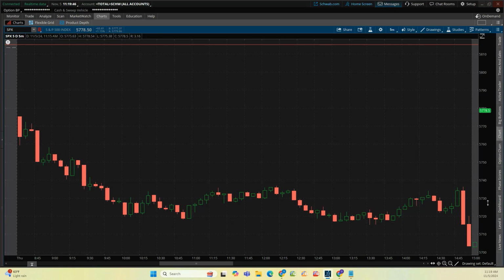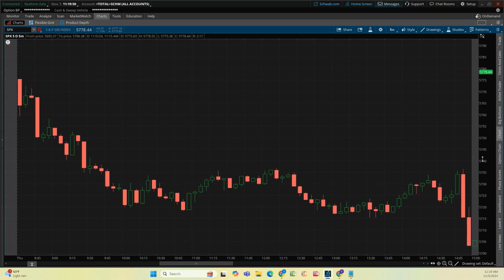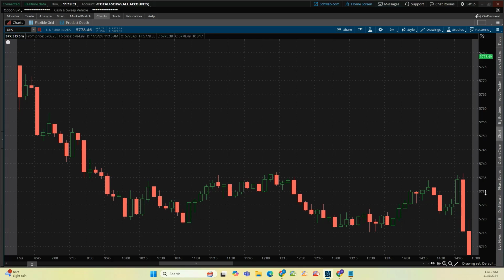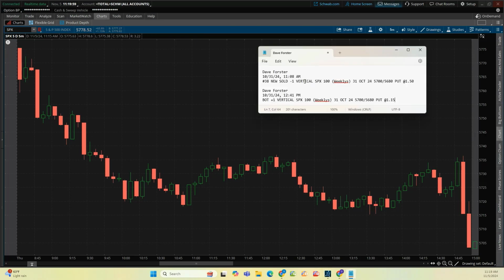Let me expand this out a little bit so we can see this in more detail. All right, we've got the whole day on there, and let's take a look at the trade that I did. Keep in mind, I'm in Central Time, so everything on the chart is in Central Time.